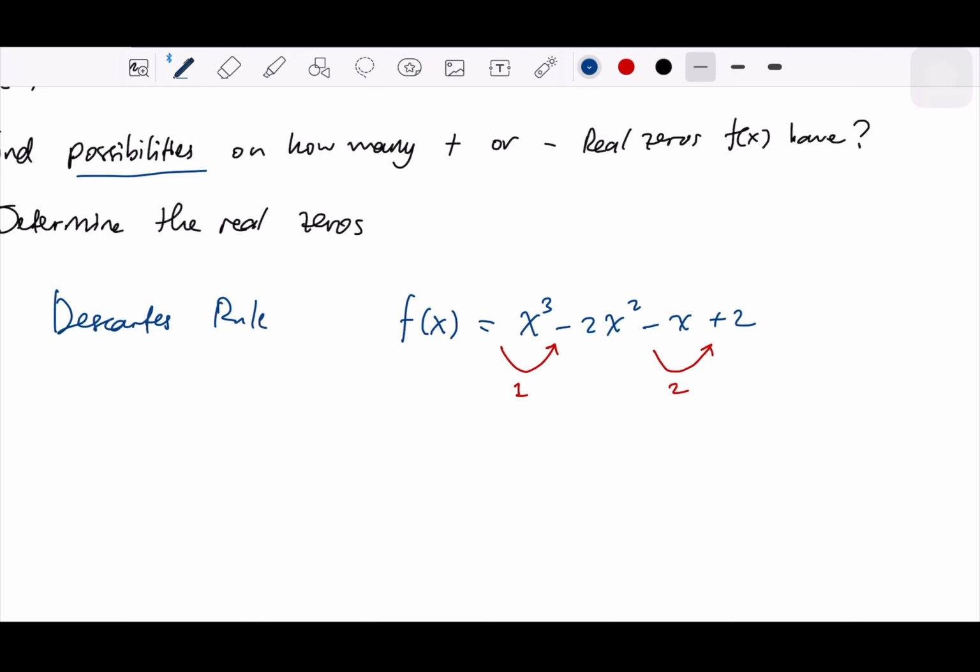So that means f of x has 2 positive zeros or 0, nothing for the positive zeros. That's the meaning.